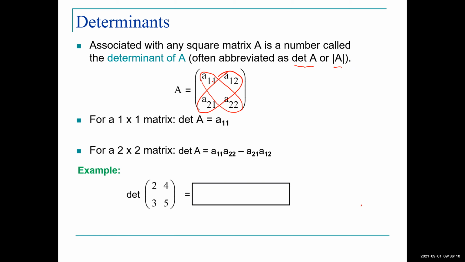So that would be 2 times 5 minus 3 times 4, and the determinant for this case is equal to minus 2. I know you're familiar with this. If you've taken some of those basic engineering courses, for example statics or dynamics, you have used determinants for some of those computations.